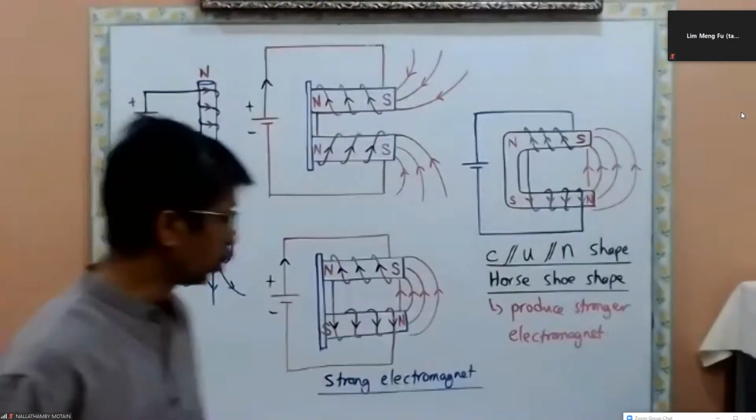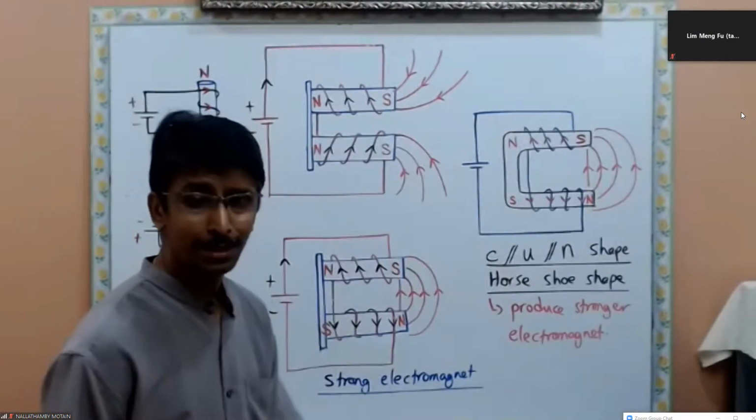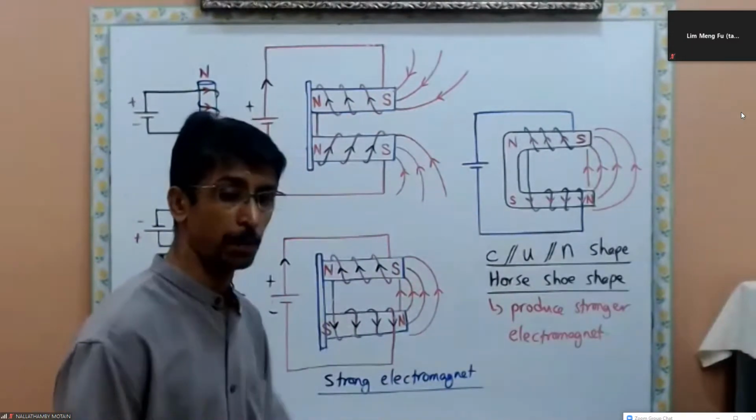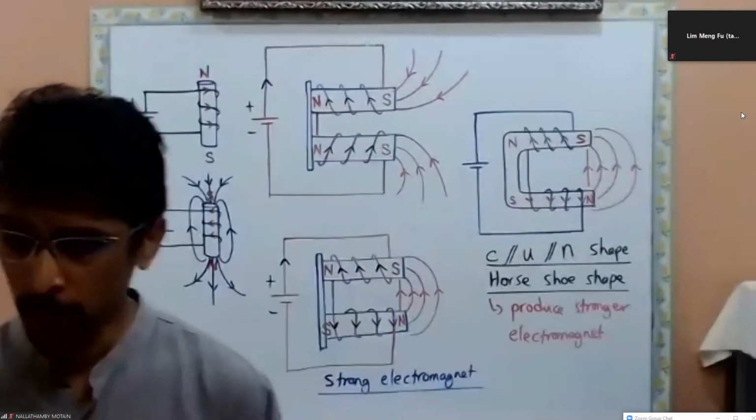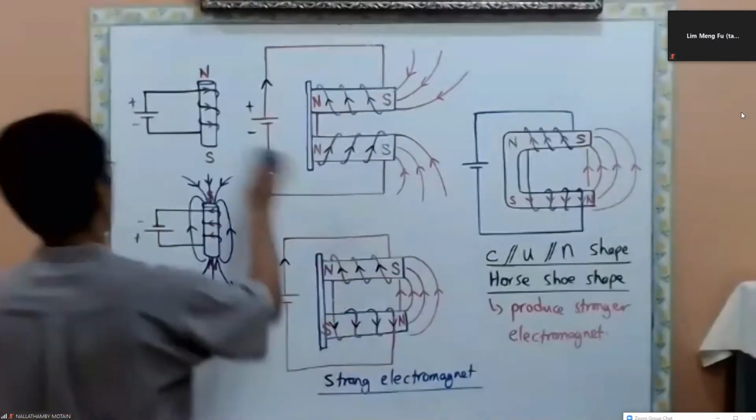Okay, now we are going to go through what are the factors that can make this electromagnet become a stronger electromagnet. So now we are going to go through factors affecting strength of an electromagnet.